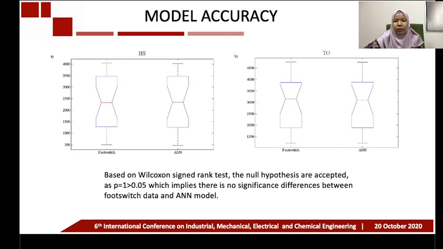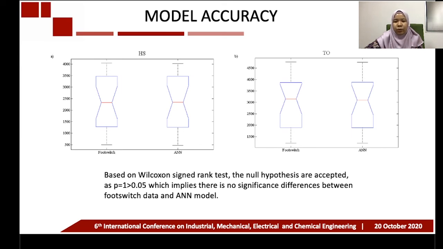Then, the model accuracy was evaluated with the Wilcoxon signed rank test. Based on the test, the null hypothesis is accepted as the p-value is greater than 0.05, which implies there is no significant difference between foot switch data and ANN model.